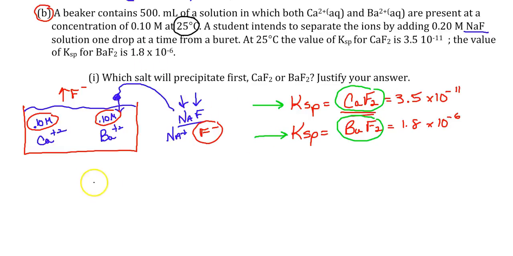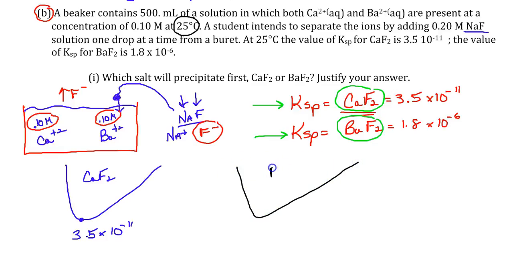So here's calcium fluoride, and its KSP is 3.5 times 10 to the negative 11. That's calcium fluoride. And let's look at another one, and that's barium fluoride. And so the question is, when it's saturated, we're probably in a scenario where we don't have enough fluoride on.